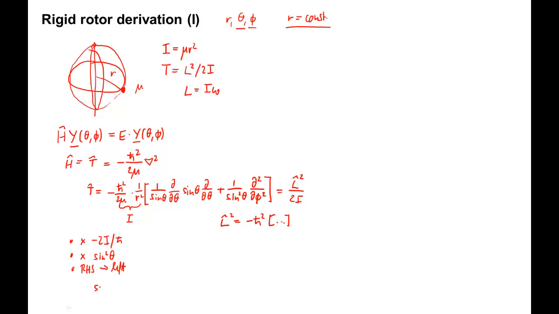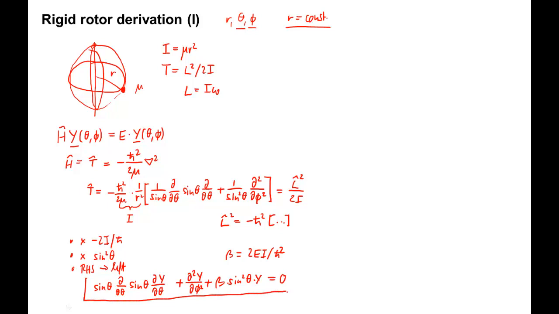This gives sine theta partial d d theta operating on sine theta partial uppercase Y d theta plus partial d squared of Y d phi squared plus beta times sine squared theta times Y equals 0. Beta is an abbreviation for 2EI over h bar squared.